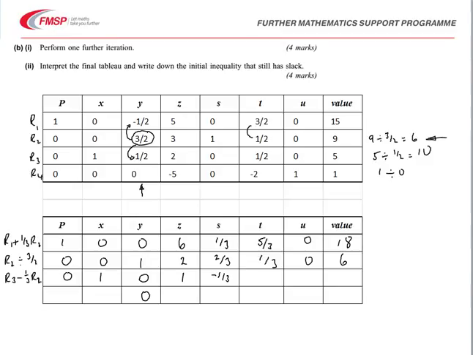Remember that 1/3 of a half was 1/6. A half is 3/6, so we end up with 2/6 or 1/3 there. 0. 1/3 of 9 is 3. Subtracting that gives you 2. Row 4 already has 0 in its position in the Y column. Therefore, we simply need to put row 4 in again. 0, 0, 0, negative 5, 0, negative 2, 1, and 1.